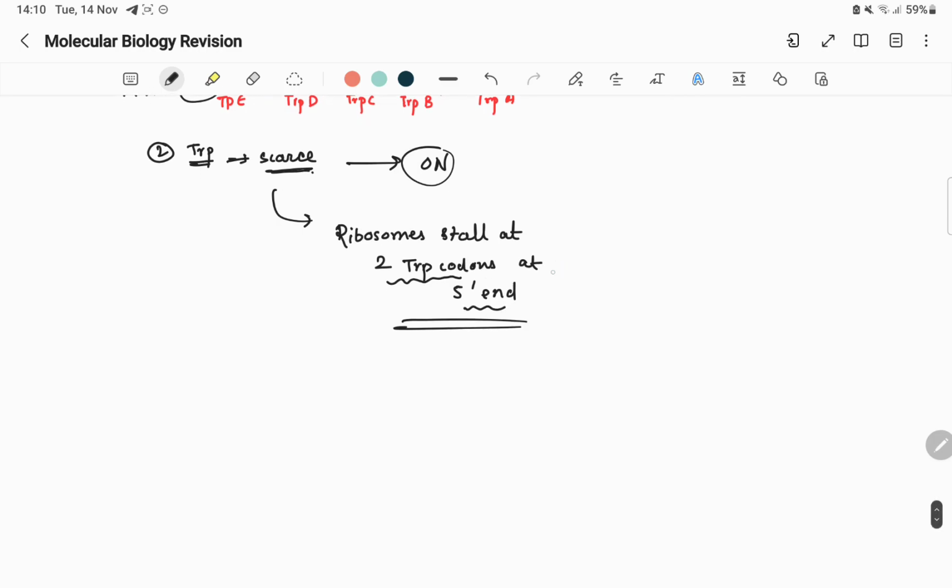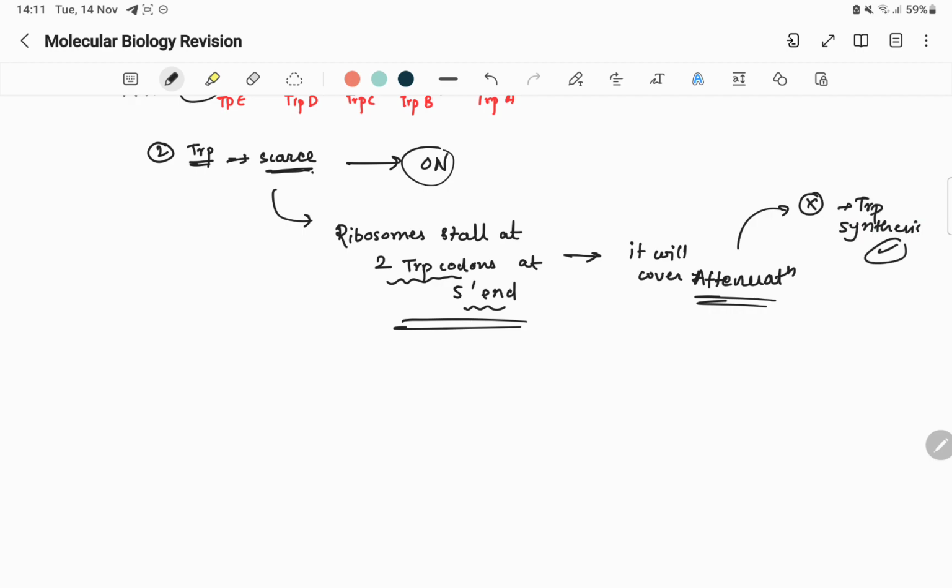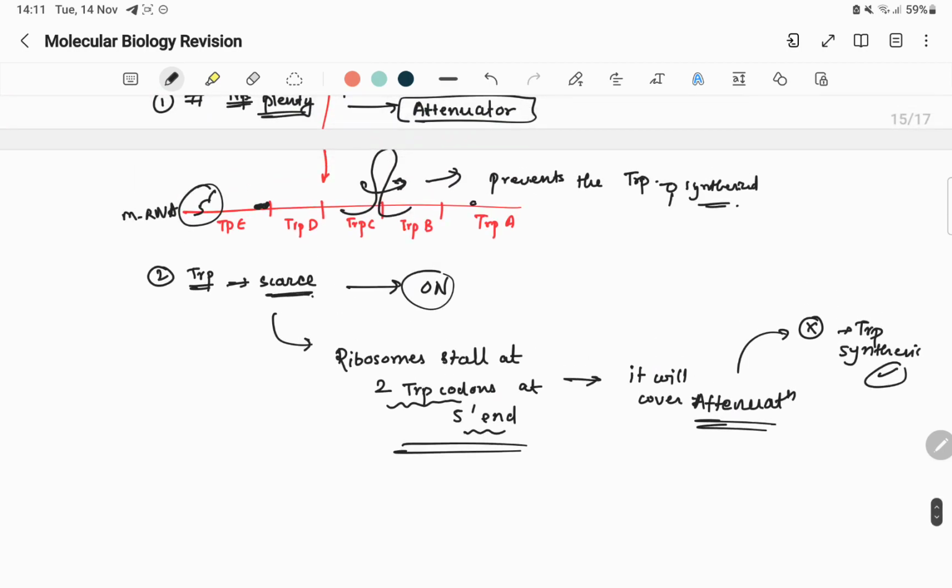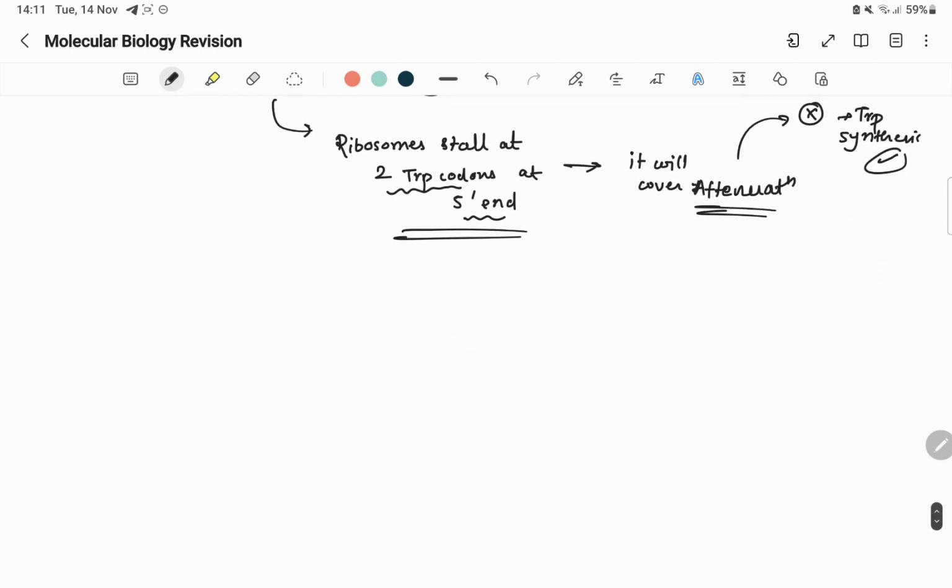Due to this stalling, the ribosome will cover the attenuation site. This will prevent the attenuation, so attenuation won't occur and tryptophan synthesis will continue. So this is your tryptophan operon.